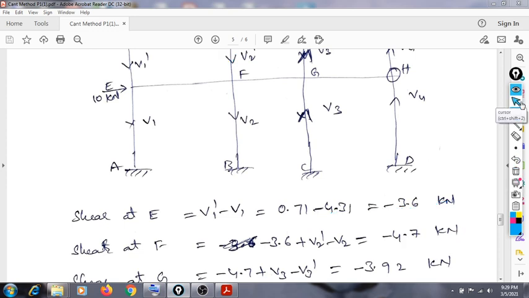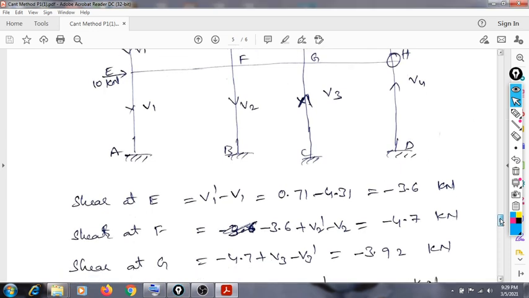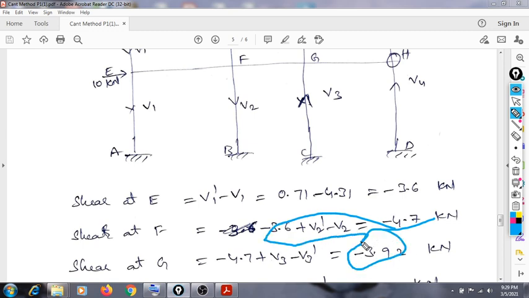Next step is shear at G. Shear at G is nothing but minus 4.7. The previous shear we have to take from here, minus 4.7 plus V3 minus V3 dash, and we get minus 3.92. Now shear at H. What are we going to get here?